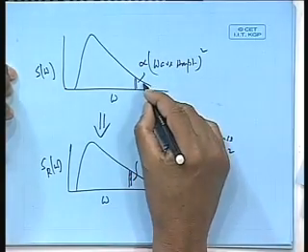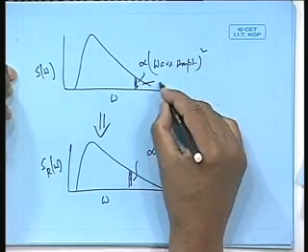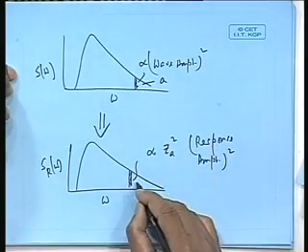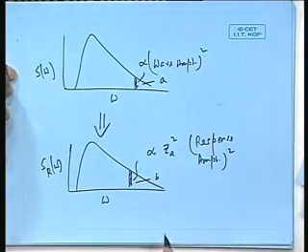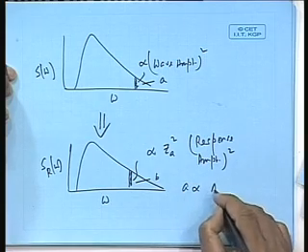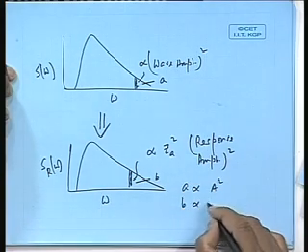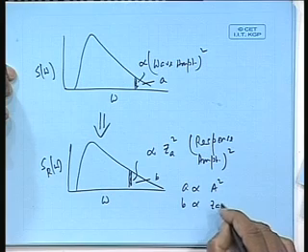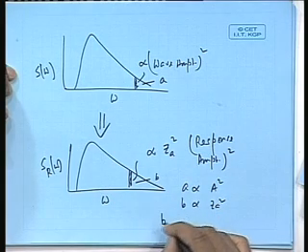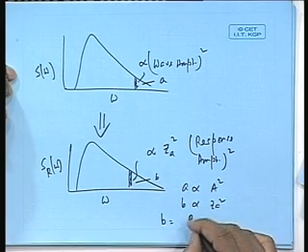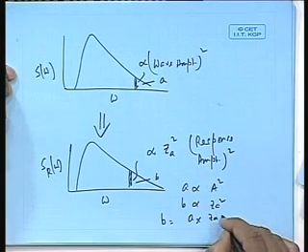Supposing I call this particular term A and this particular term B, how do I get B from A? A is proportional to A square, the amplitude square. B is proportional to Z A square. So I can say B can be obtained by A multiplied by Z A square by A square.